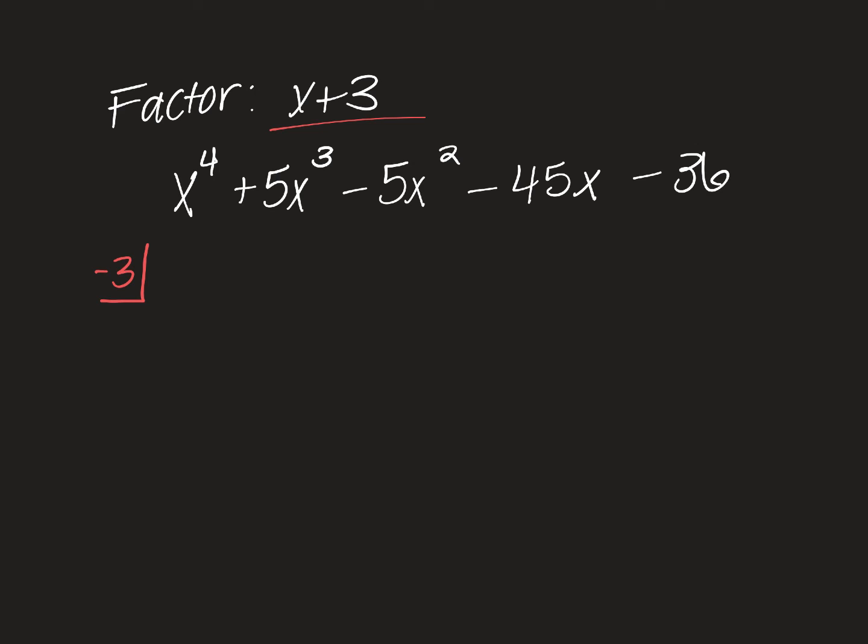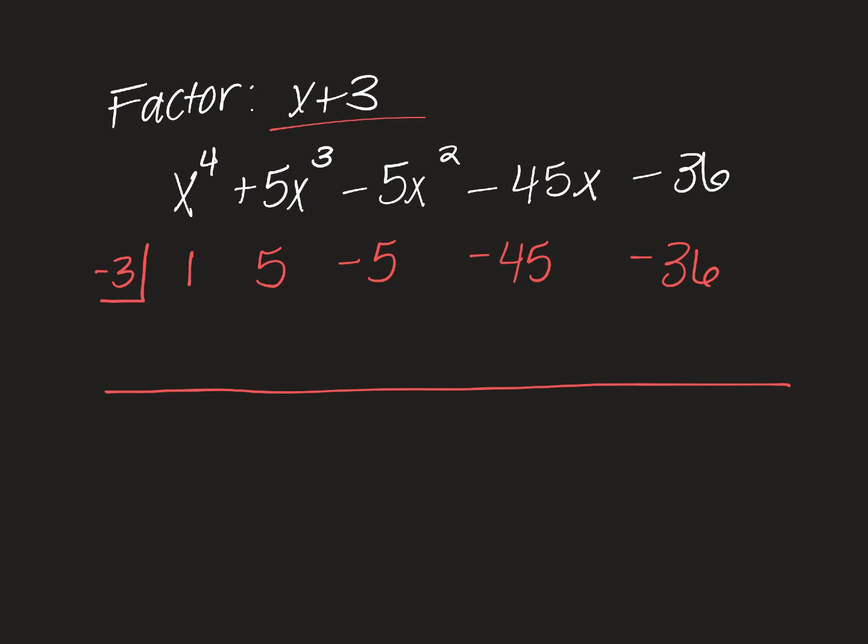Right, so then I bring down my coefficients. So, 1, 5, -5, -45, and -36. And then bring down the 1. 1 times -3 in the box is -3. 5 plus -3 is 2. 2 times -3 in the box is -6. -5 plus -6 is -11.